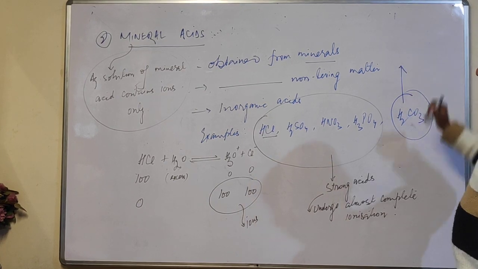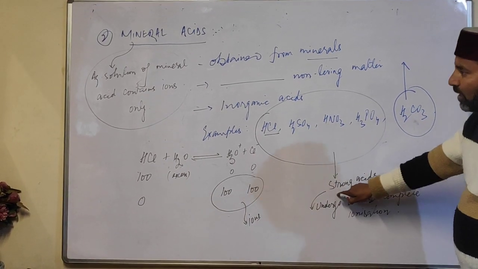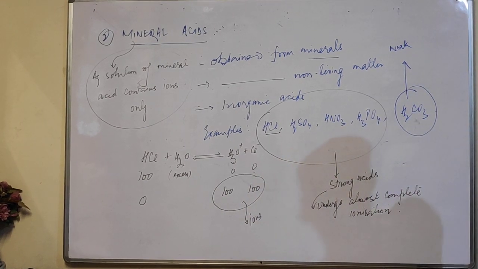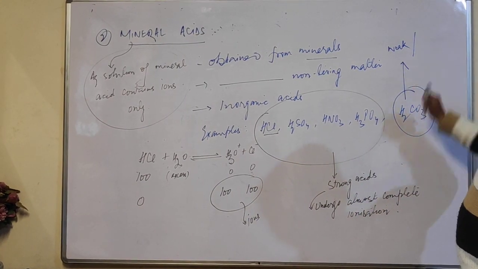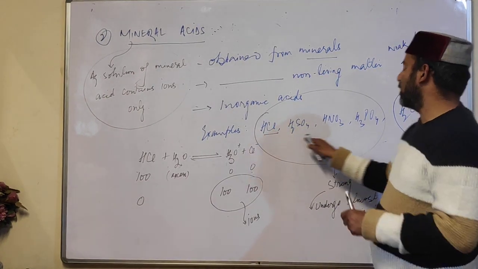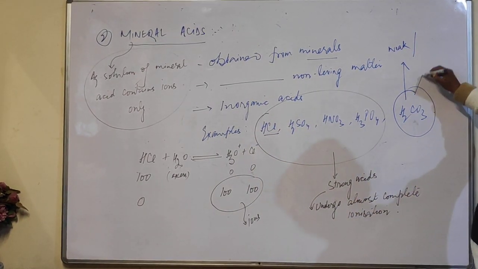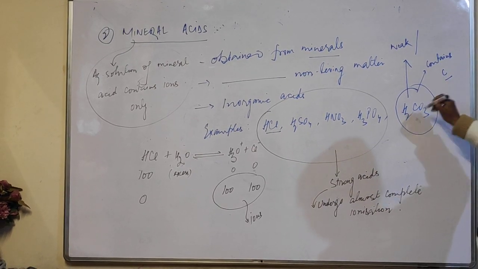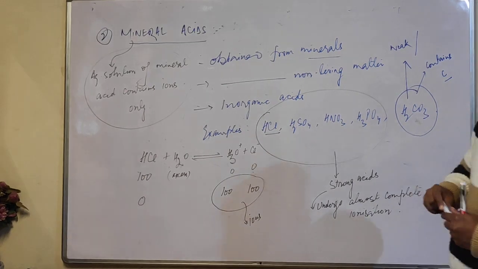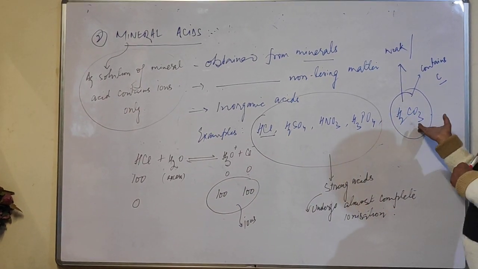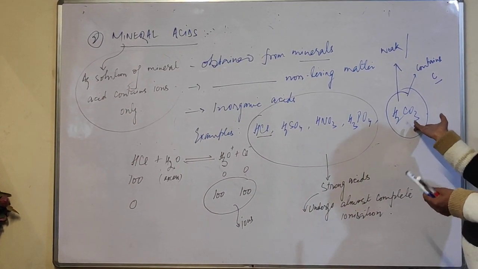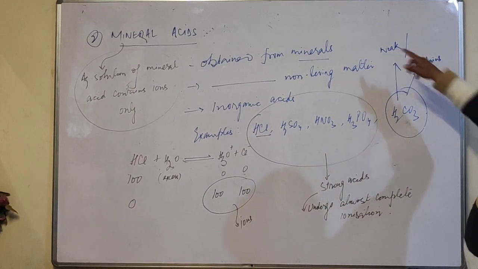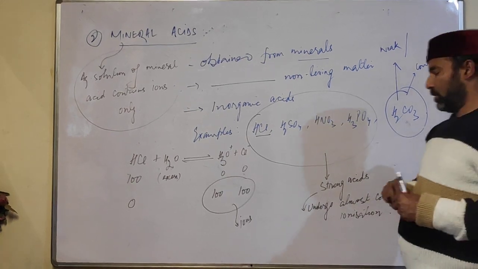Carbonic acid, firstly, unlike other mineral acids, is weak. And one more thing, that mineral acids generally do not contain carbon, but carbonic acid contains carbon. So carbonic acid is a very important example. We consider it as a mineral acid, not organic, but unlike other mineral acids, it is weak and contains carbon. Thank you students.